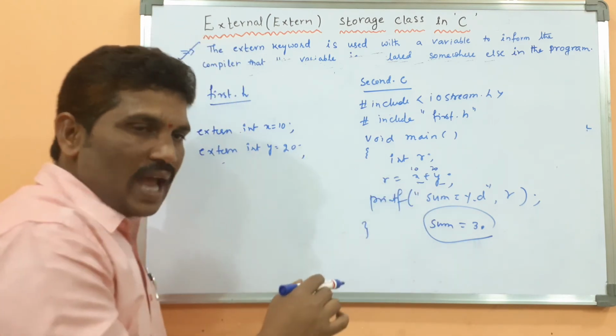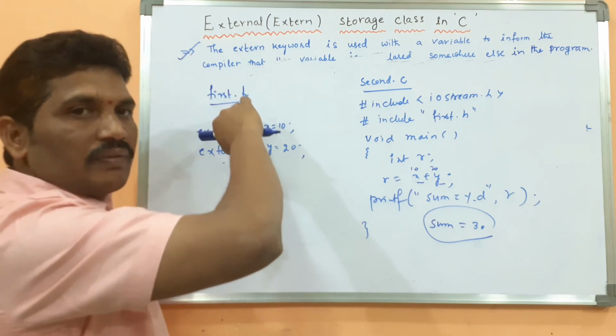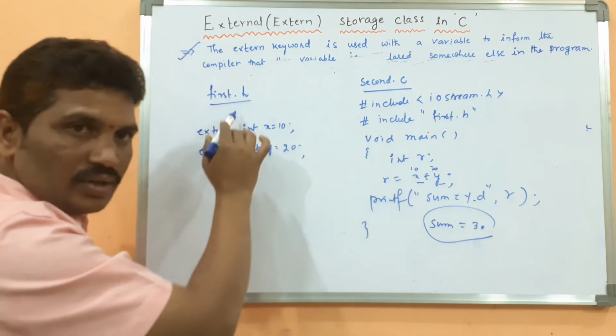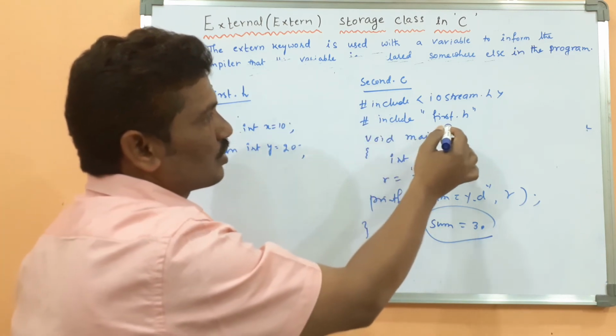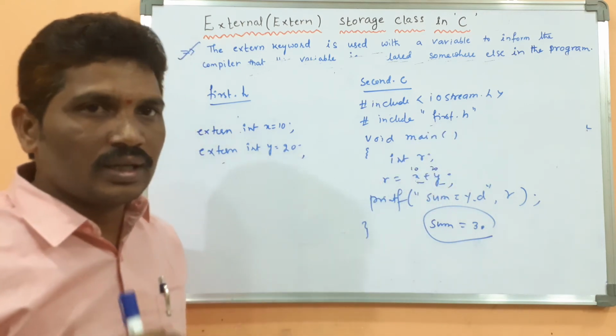Because here what is happening? x and y are defined somewhere else in the program, in another file, but we are accessing them here. We are writing one statement, include first.h. If we do not write this statement, you are going to get an error.